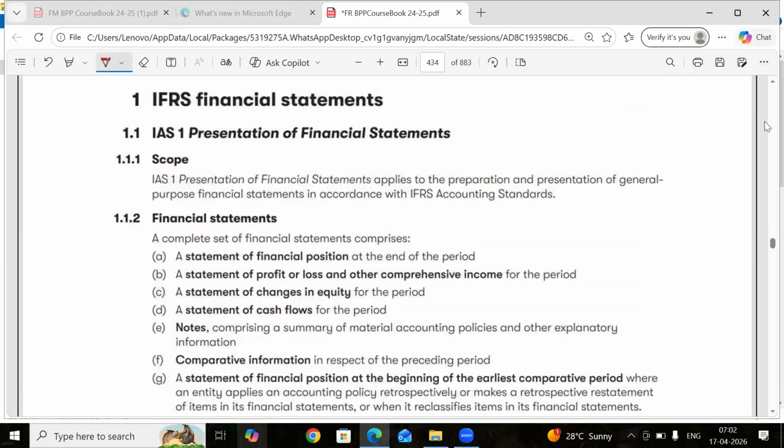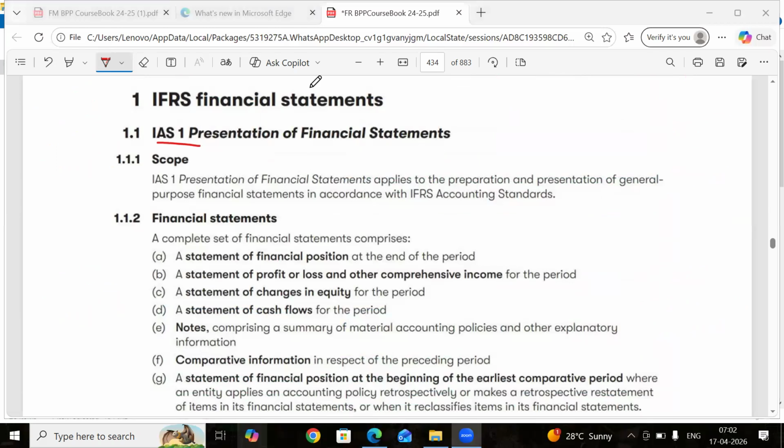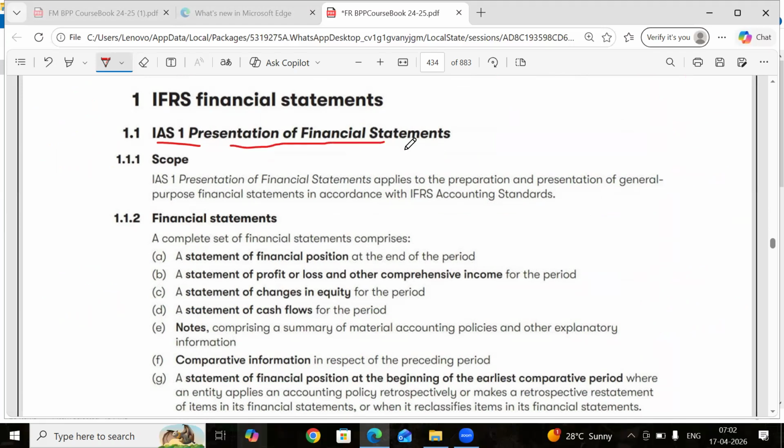What does the standard say? International Accounting Standard 1, presentation of financial statements. This standard exclusively deals with how to present a financial statement.